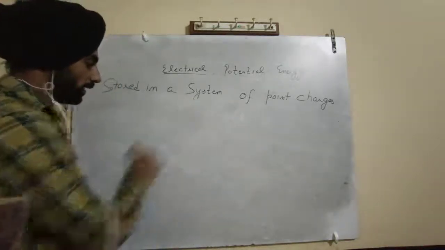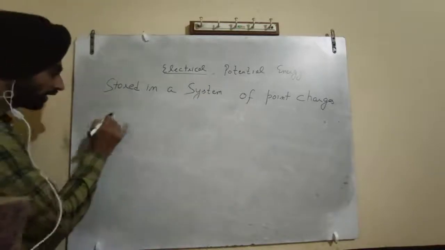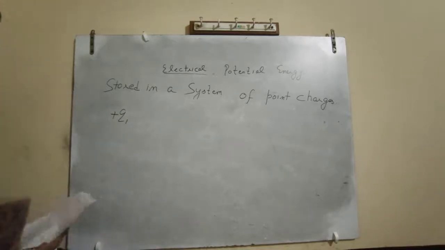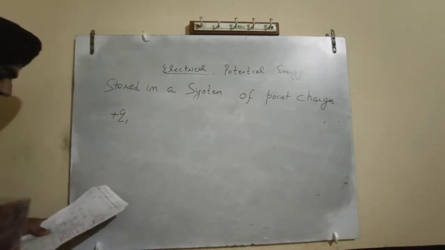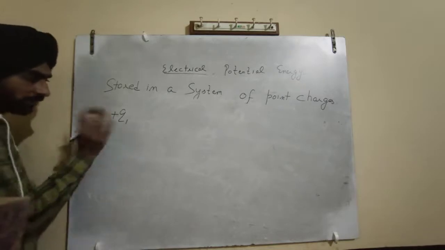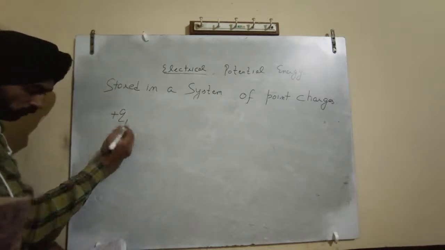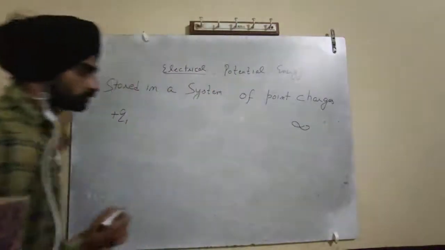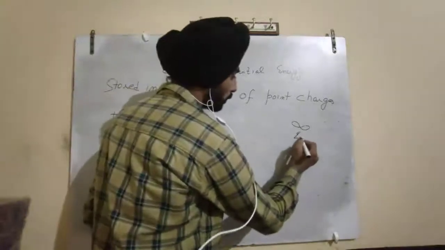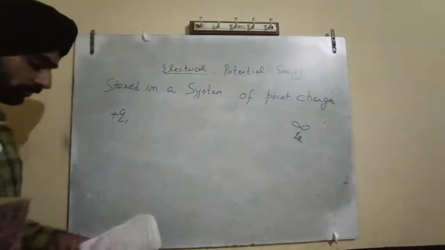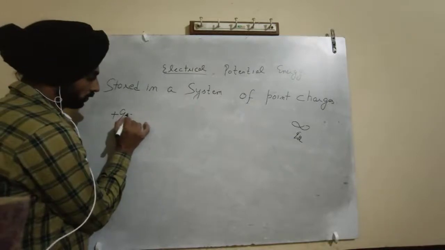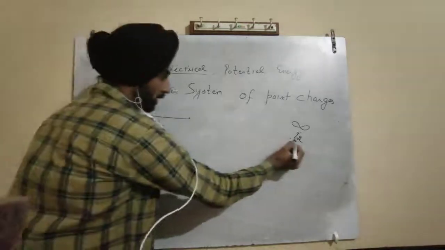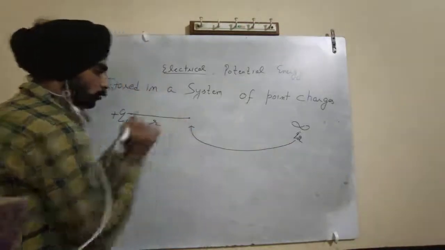So the next concept is, suppose you have a positive charge Q1 here. Mark its position as A, and this is infinity, and you are bringing Q2 from infinity to a distance R. Your target is to bring Q2 here.